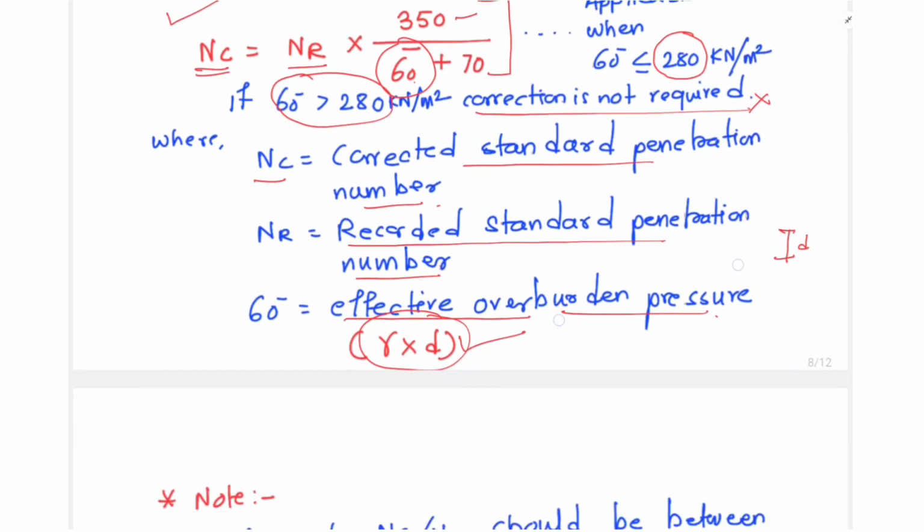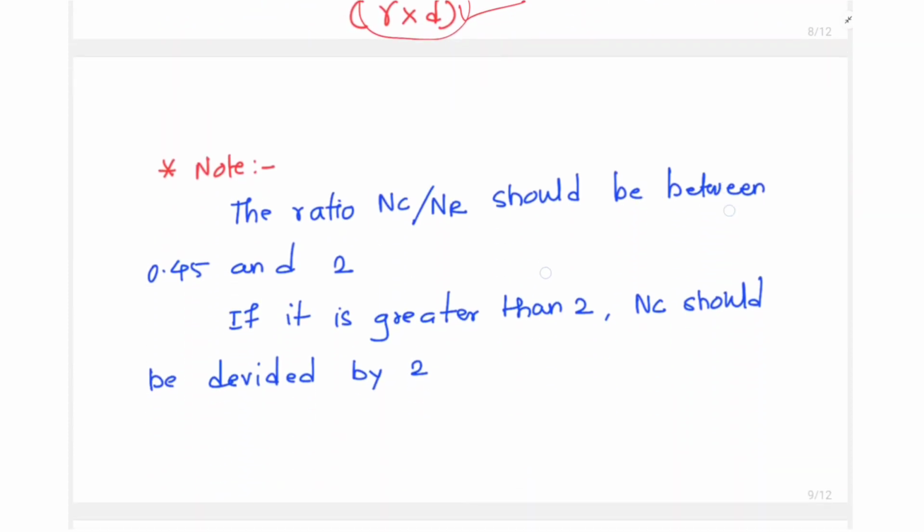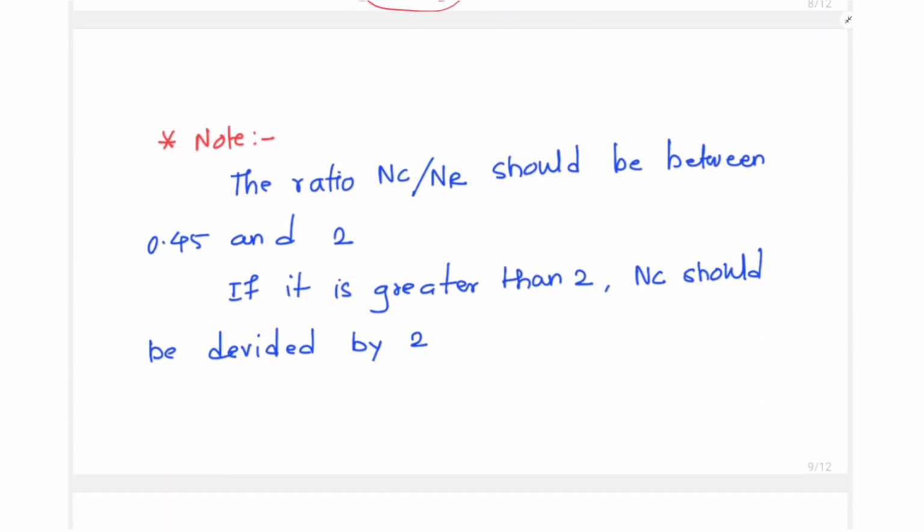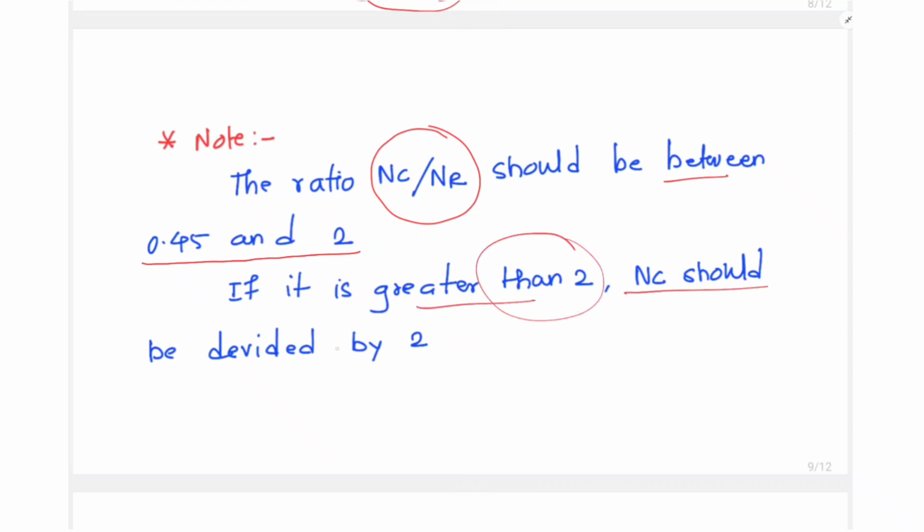And again there is one guideline that the ratio of NC by NR should always lie between 0.45 and 2. If this NC by NR ratio is greater than 2, then NC should be divided by 2. This is as per the IS code guidelines.